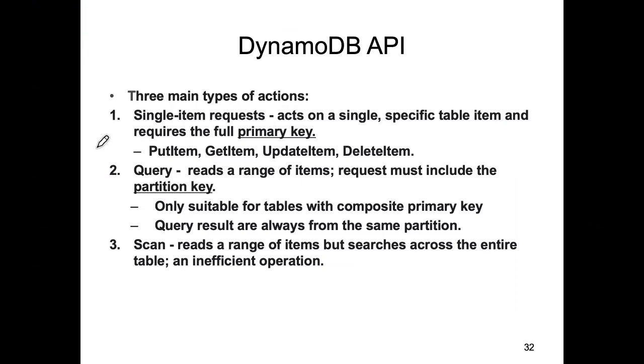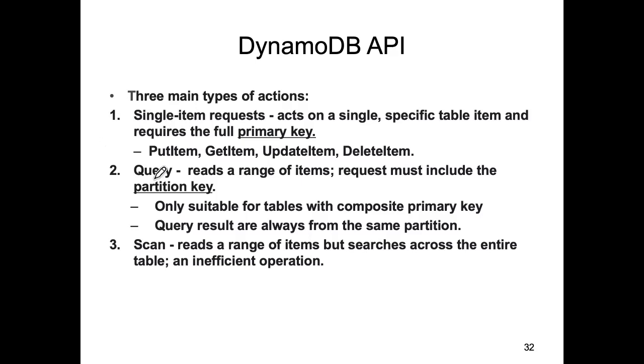You can perform what's called a single item read operation, and for that case, you would have the full primary key of the item. Item, remember, is equivalent to a record. You would have the full primary key for the item, and so obviously the result of such a read would return one item.